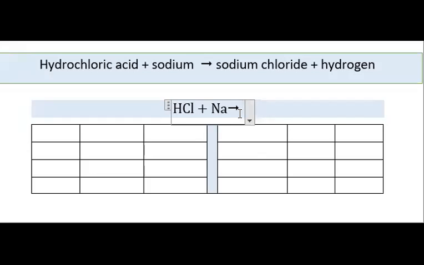And well done, Kian. And then how do we write sodium chloride? Oh, you guys are fast. Good. Right. And how do we write hydrogen? Hydrogen is a diatomic molecule. So it will be H2. Well done. Now let's tally it up and see if we are balanced, right?